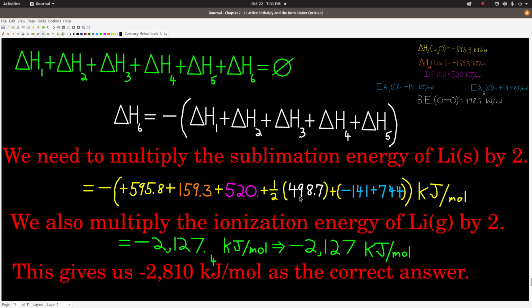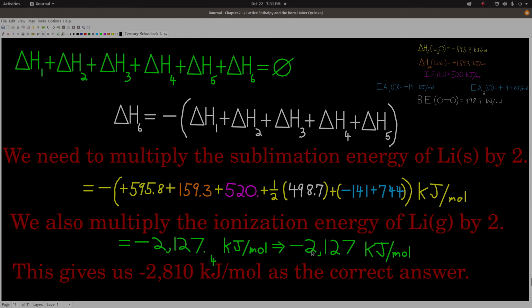So 1/2 times the bond energy for the oxygen-oxygen double bond. And then we add the 2 electrons. Now here, because we form the oxide ion, which has a -2 charge, we have to add together the first and the second electron affinities. And we do. And we add all that up, and we get our answer. It's negative 2,127 kilojoules per mole. That's all there is to that, guys.